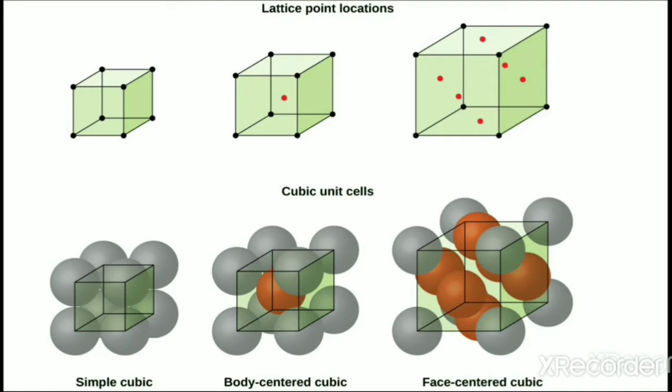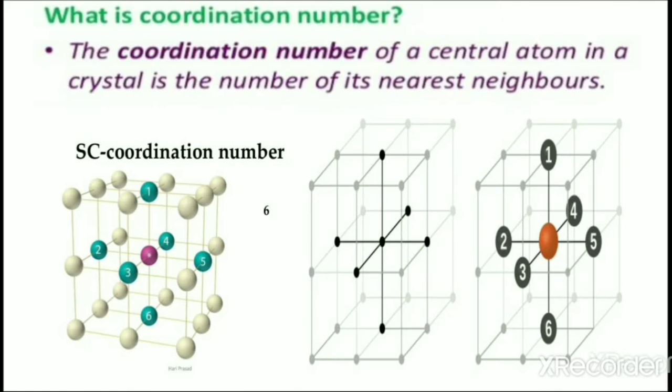Consider these particles to be atoms. The atoms are considered as solid spheres. Then this is the simple cubic, this is body centered, and this one is face centered unit cell.